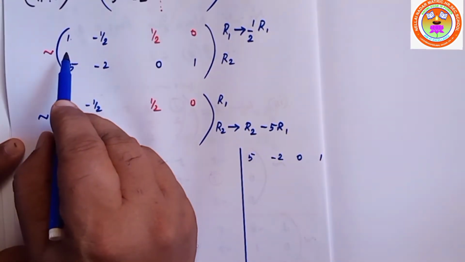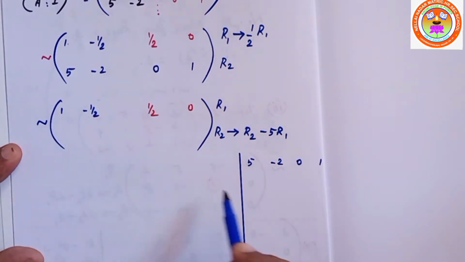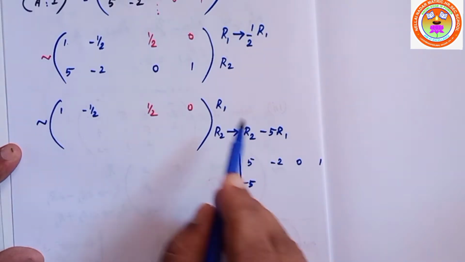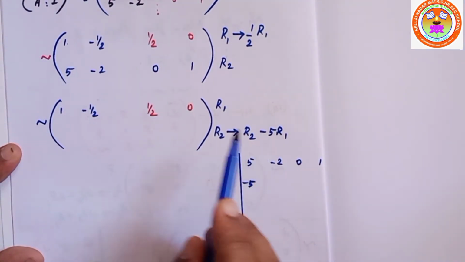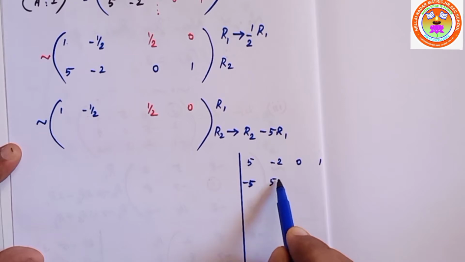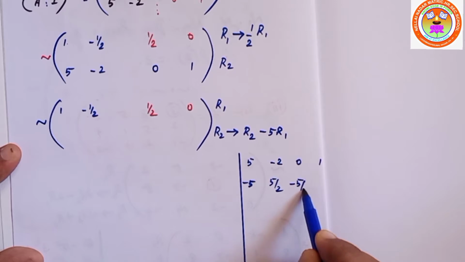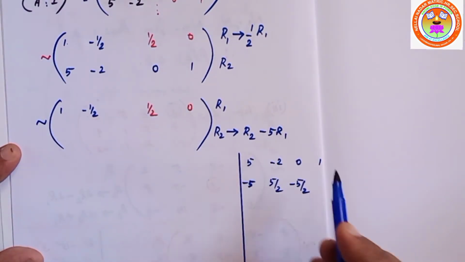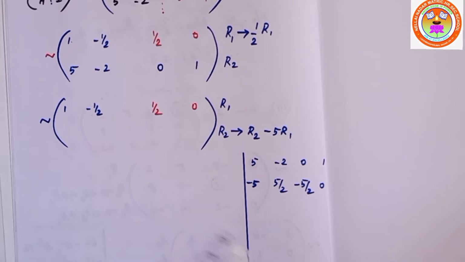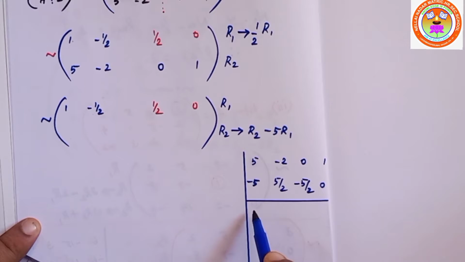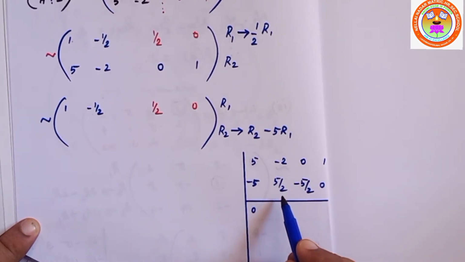If we multiply R1 by minus 5, 1 into minus 5 is minus 5, minus 1 by 2 into minus 5, minus into minus is plus, half into 5 that is 5 by 2, 1 by 2 into minus 5 is minus 5 by 2, 0 into minus 5 is 0. Now direct addition, 5 minus 5 is 0, minus 2 plus 5 by 2, you write it like this, 5 by 2 minus 2. I do the calculation here.